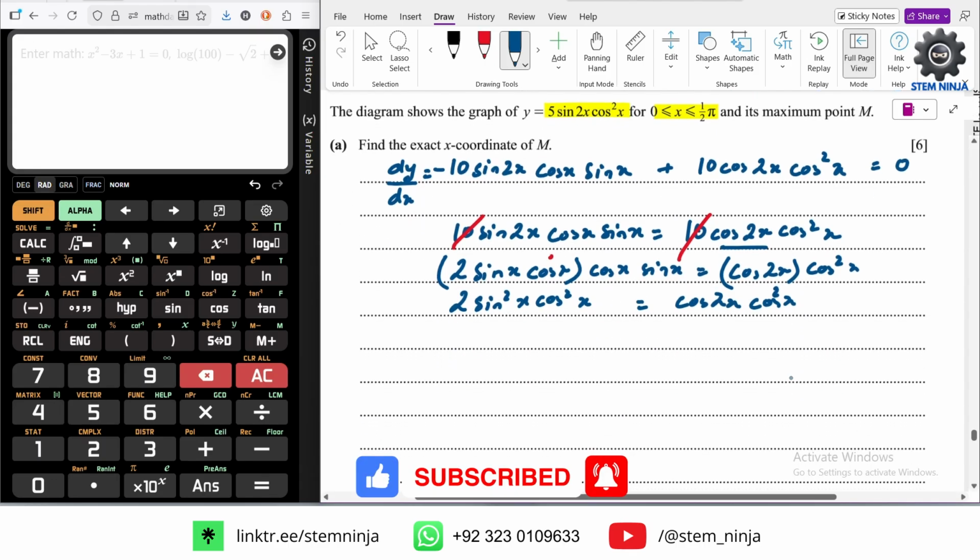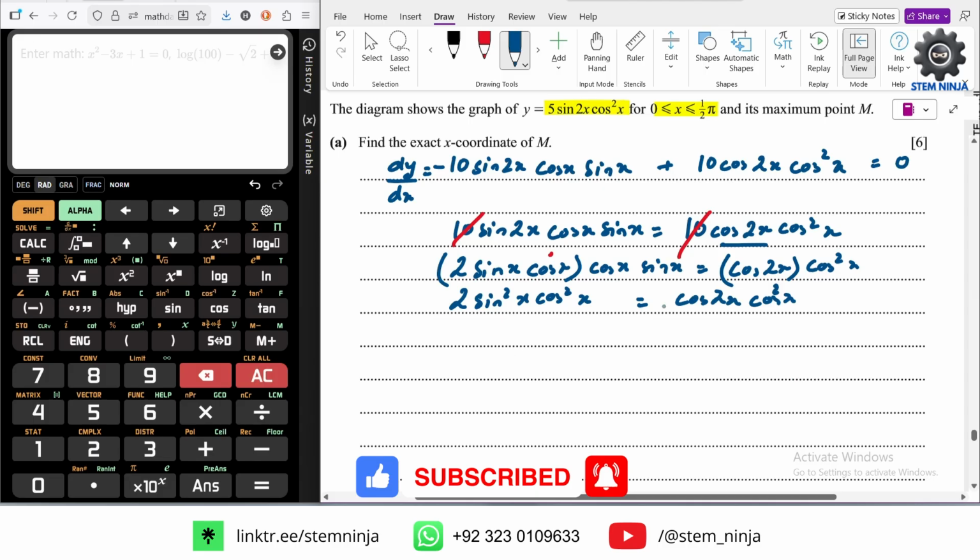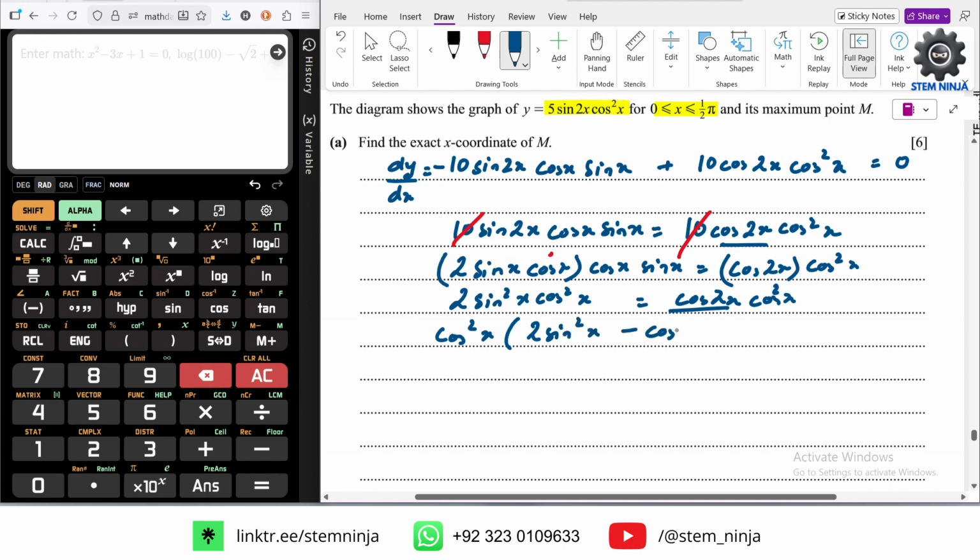Now, as you can see, this is a common factor. So you have 2 sine squared x minus cos 2x equal to 0.